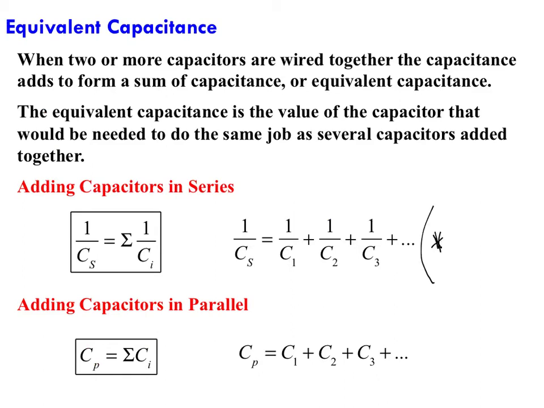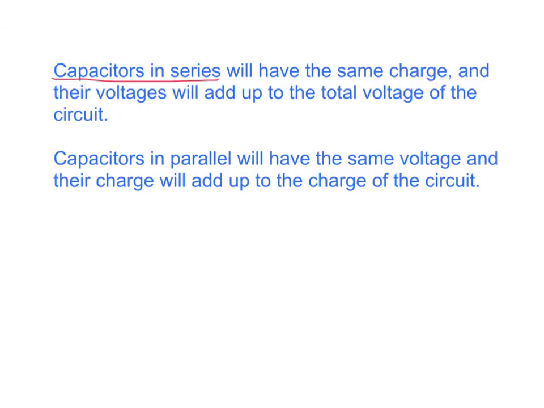Now, the important thing is that we need to get the inverse after we've found the total. So remember to get inverses after. And then when you're adding capacitors that are in parallel, you simply add them together. Now, a few things we're going to have to remember, but we'll learn how to apply these again later. So capacitors in series will have the same charge.